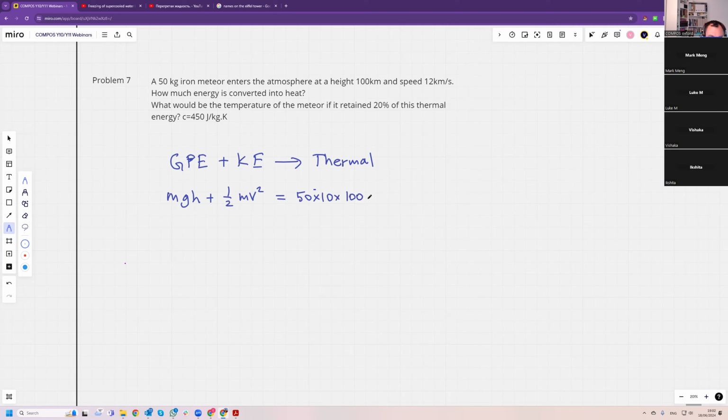So it's 100,000 plus 1/2 multiplied by m, which is 50 kilograms, multiplied by v, it's 12,000 squared. And that's a big number overall. So it's 50 times 10 times 1,000 plus 0.5 times 50 times 12,000 squared.